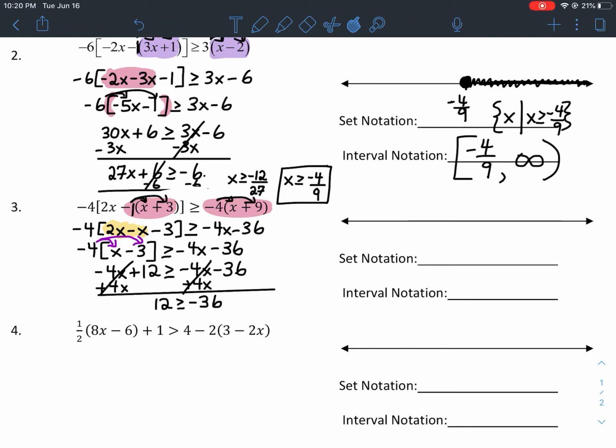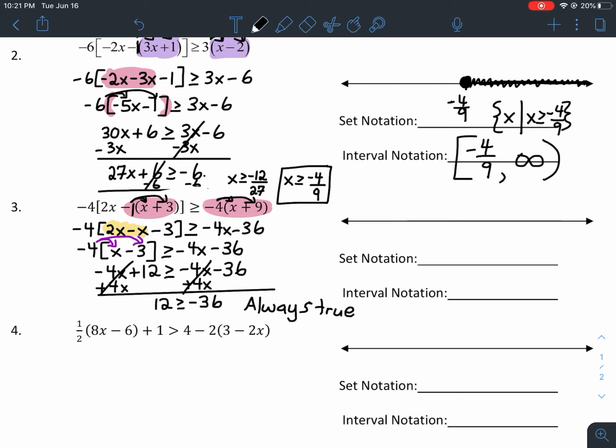So let's think about that. When is 12 greater than or equal to negative 36? Well, 12 is always greater than or equal to negative 36. So this is always true. If something is always true, we know that the answer is all real numbers are going to make this true.